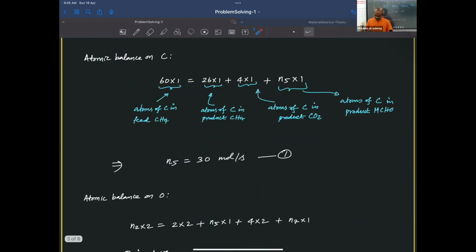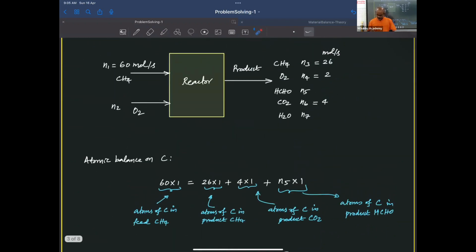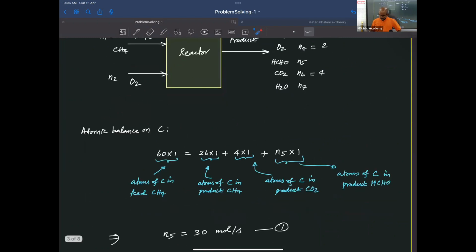Now the atom balance on O you can write. So how much O is entering in terms of atoms? 1 O2 has 2 O, so O2 entering is N2 into 2.